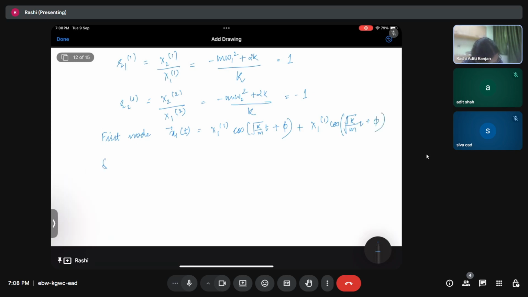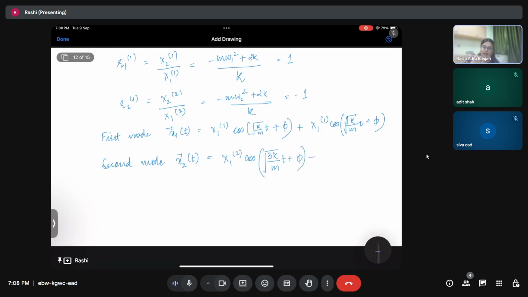For the second mode, x2 of t we can write as x1 of 2 cos of under root 3k by m t plus phi.